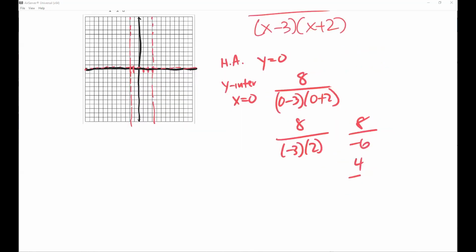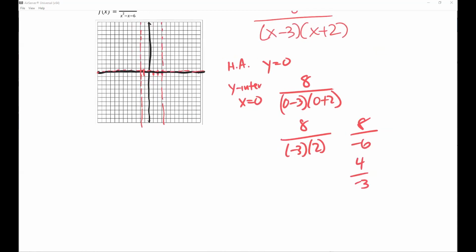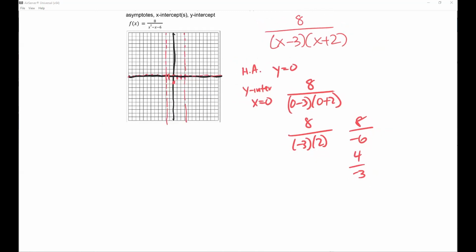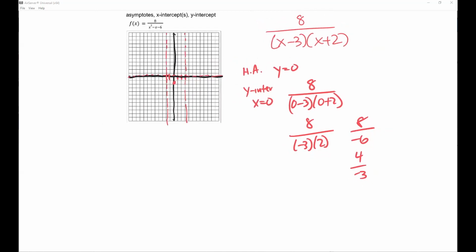So the y-intercept is 0, negative 4/3, so negative 1 1/3. So we have it right here. And then the x-intercepts, there is none because 8 is not equal to 0. You have to make the numerator equal to 0. There is none.